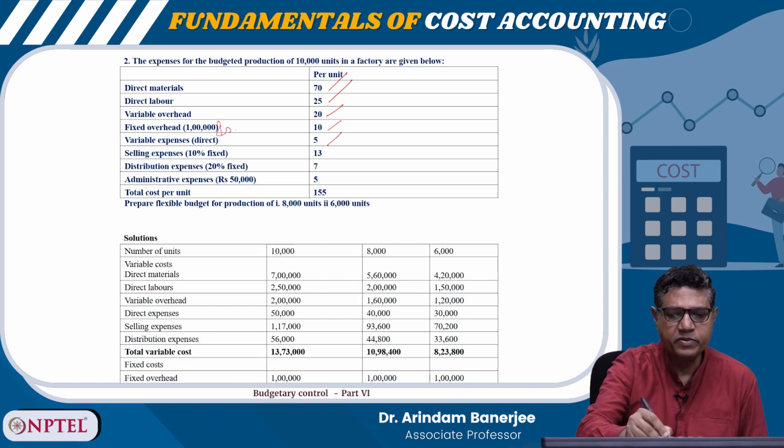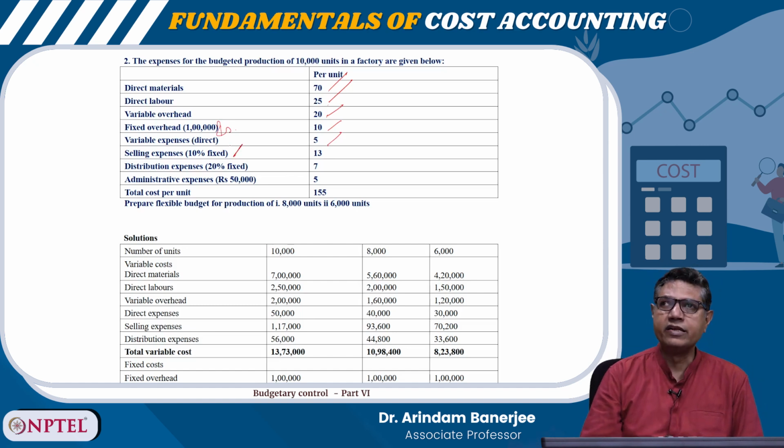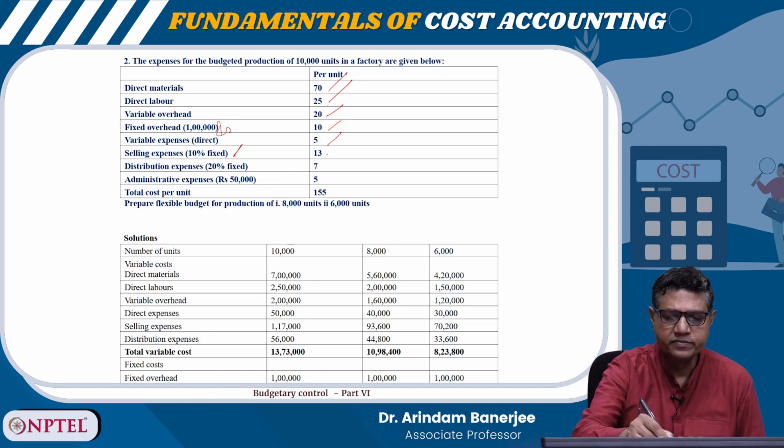Variable expenses 5 per unit, selling expenses 10% fixed, so this is semi-variable, it is 13 per unit.